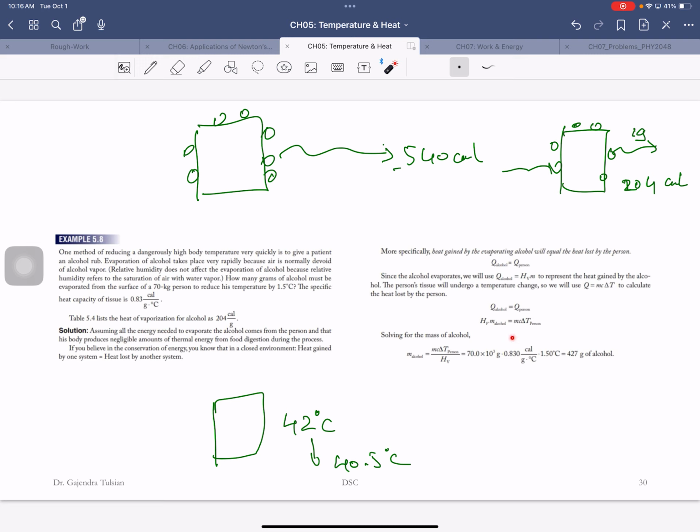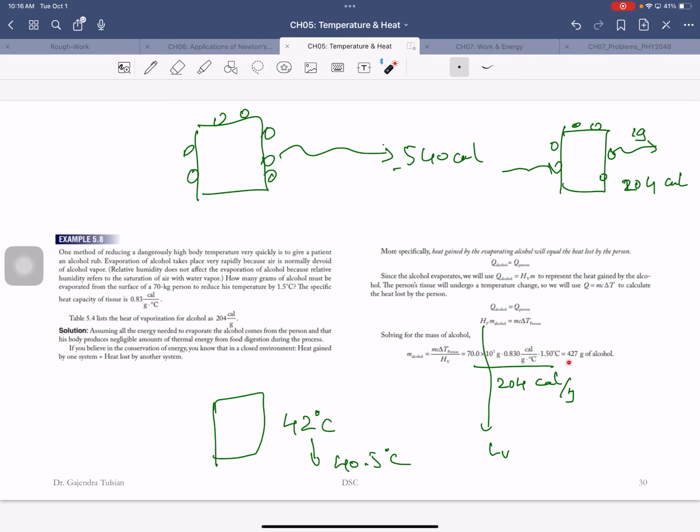So this is the amount of heat you have to remove. And this is the heat of vaporization, or what I've been writing is latent heat of vaporization for alcohol. So the mass of our alcohol would be this divided by that. This problem is missing that number, 204 calories per gram. So that is needed.